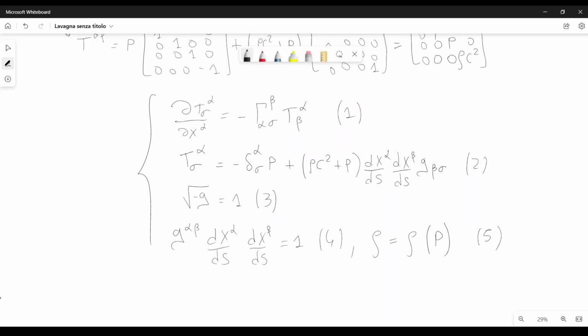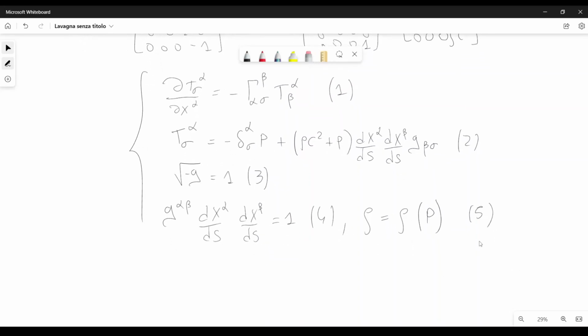Now, if the tensor g mu nu is given, so if we have the metric tensor, we can consider only equations 1, 2, 4, and 5. So we can disregard this one. And these equations, 1, 2, 4, and 5, consist of 6 scalar equations, because we have 4 equations here, and we have to put these two together. So let's assume that we put 1 and 2 together.